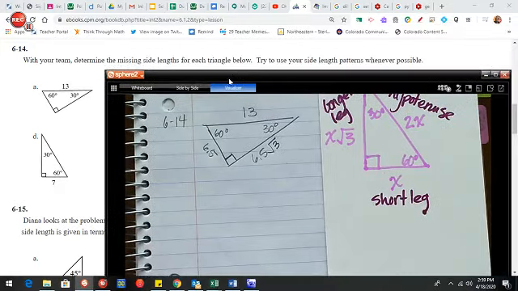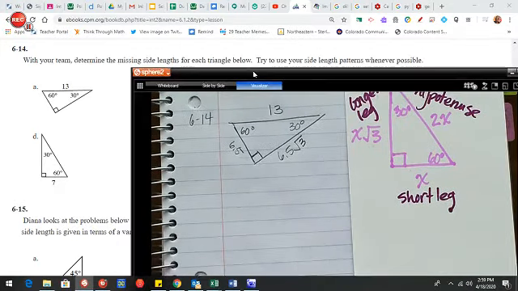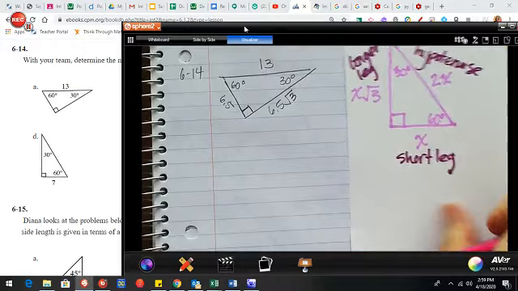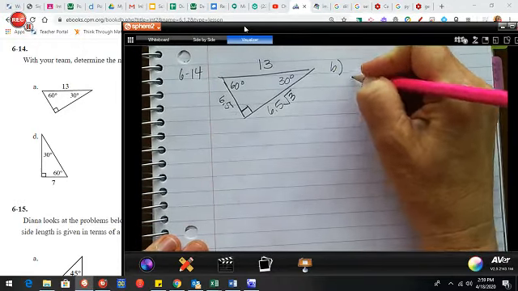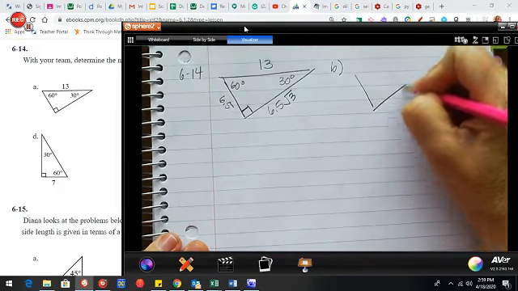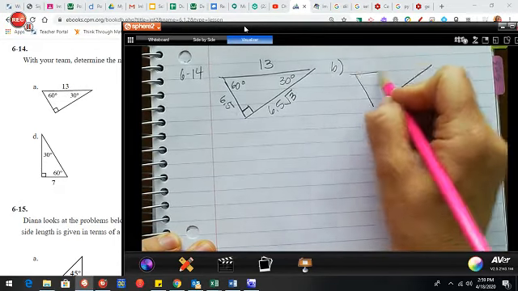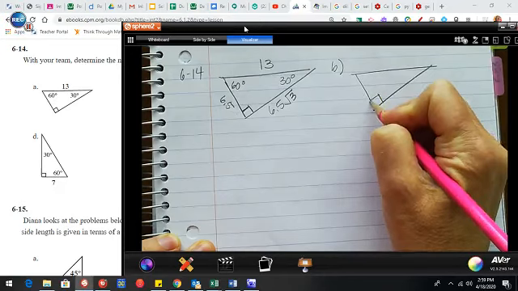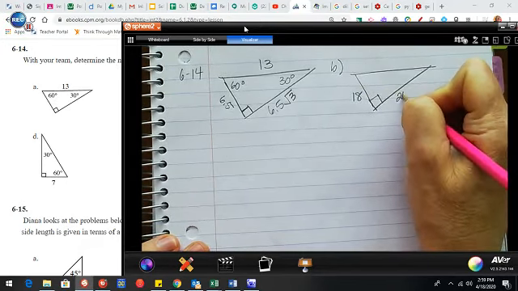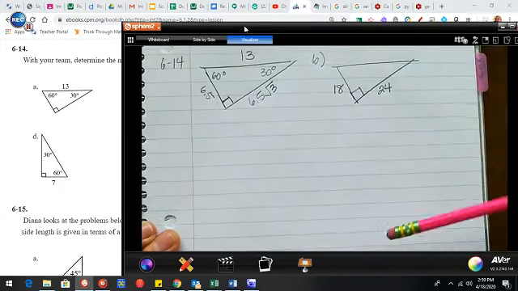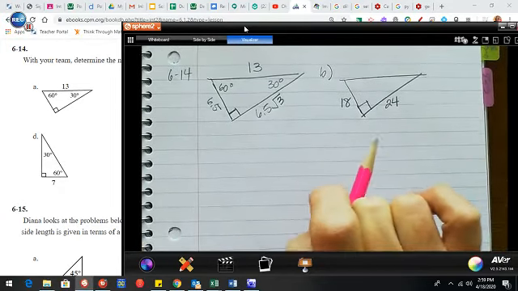Okay, part B. We have 2 legs that are 18 and 24, and we don't have any angle measures. Okay, so that means this is probably a triple.